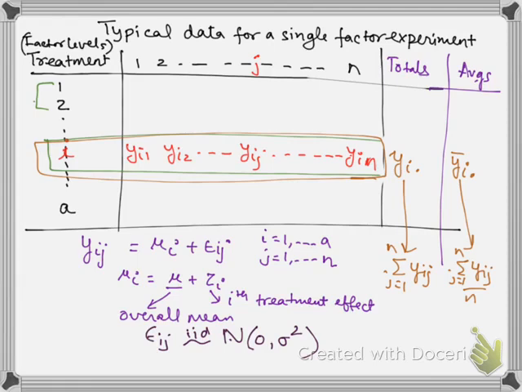One more thing that you would see is y dot dot, which is the sum of all the observations, yij, i goes from 1 to A, j goes from 1 to n.